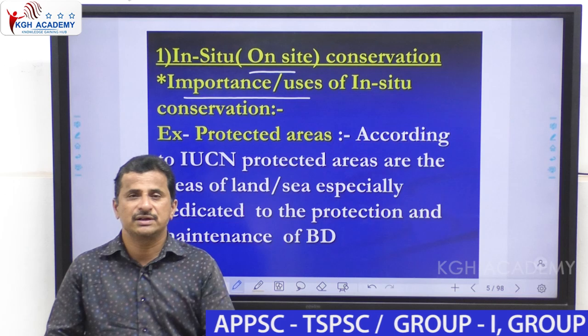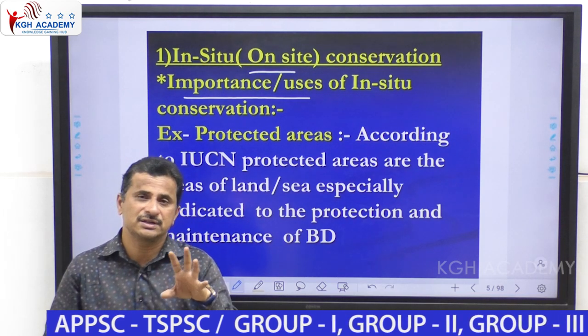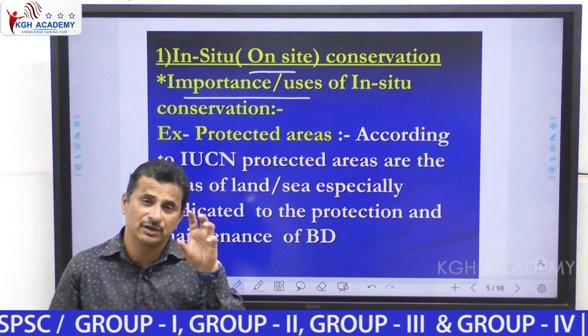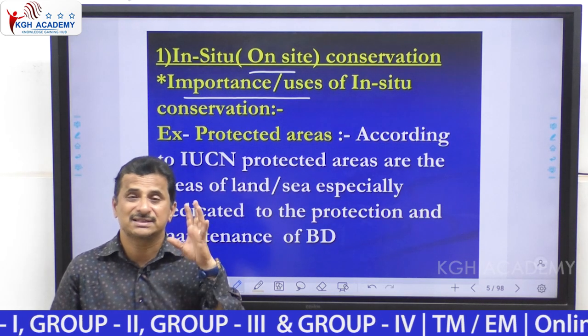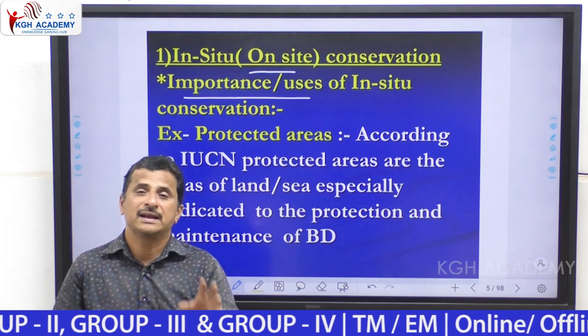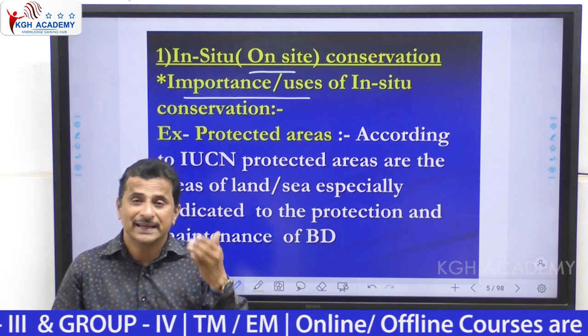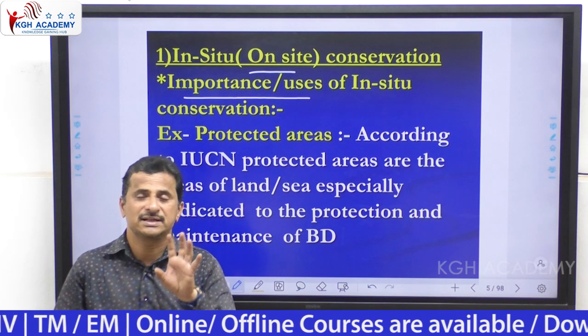In ex-situ conservation only one or two organisms are conserved, but in in-situ conservation total ecosystem protection is possible, all types of organisms can be conserved, and ecosystem balance and maintenance are possible. In natural conditions, organisms automatically increase their number, with no need for special projects.